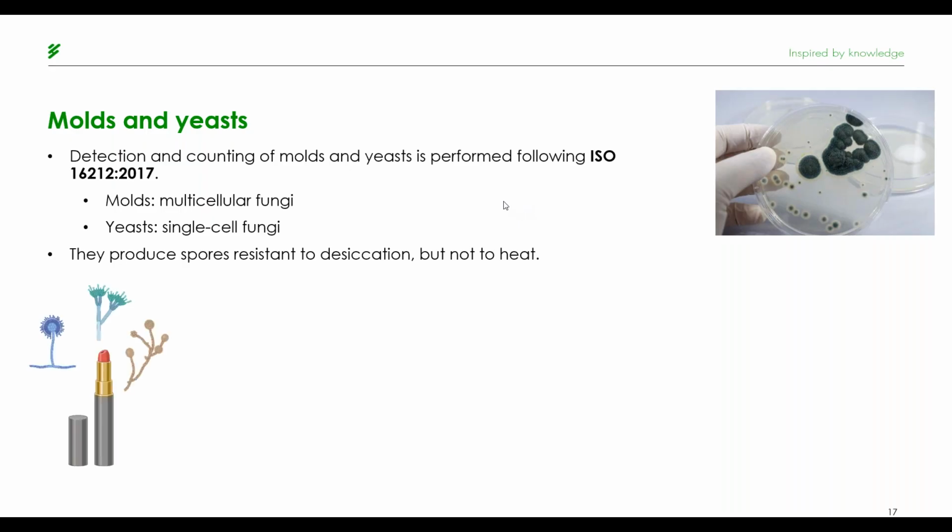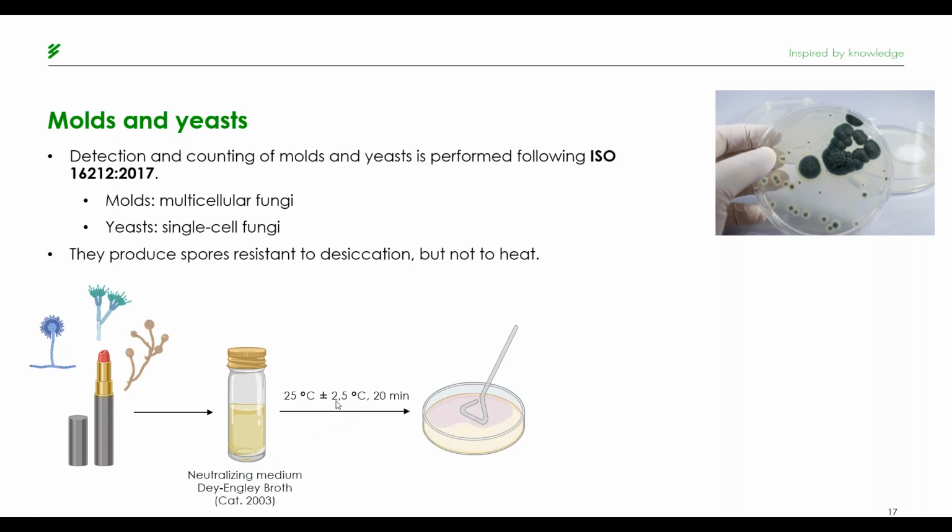The analysis is very similar to the last one. We take a gram or a milliliter of our cosmetic product. We perform the neutralization in our neutralizing broth, such as the English broth. We wait for 20 minutes at room temperature, and we inoculate a plate of Sabouraud dextrose chloramphenicol agar, which is special for molds and yeasts.